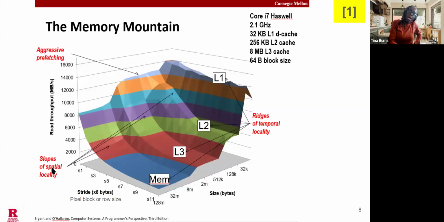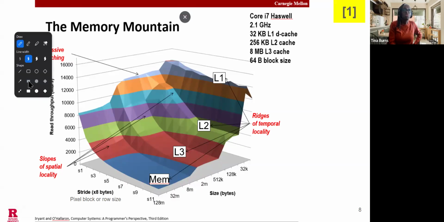Our y-axis is going to be your read throughput. Oh, I'm sorry, I guess this is technically the z-axis. Let me write this out so that I'm not giving out misinformation.